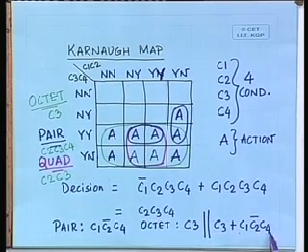Similarly, C1 C2 bar C4 can be shown as do not care at C3 and C1 is true, C2 is false, C4 is true. So, that will be basically our minimal form. In fact, if you go one step further, if you can put it in the form of AND gates and OR gates and NAND gates and NOR gates, you can actually design a logic circuit for this, is it not?